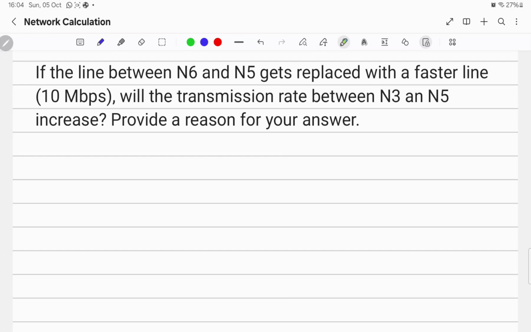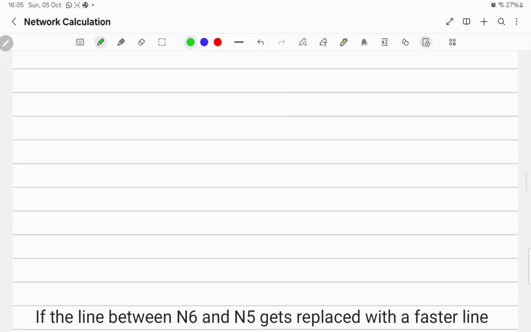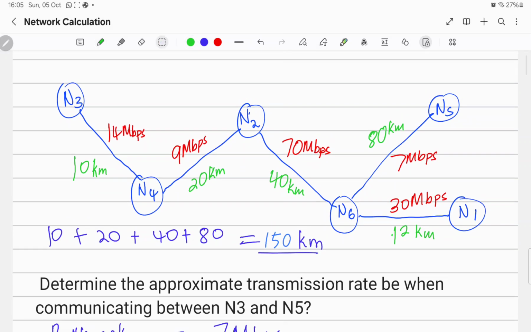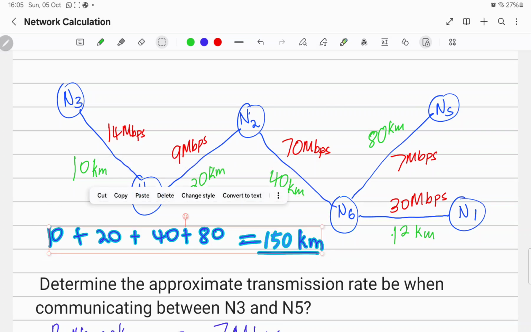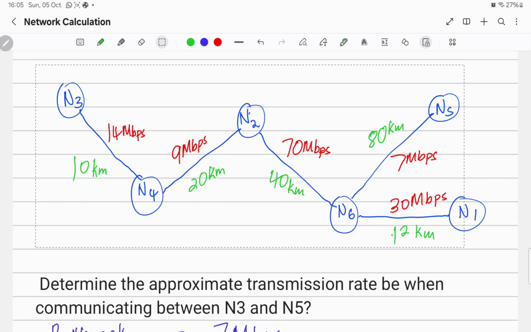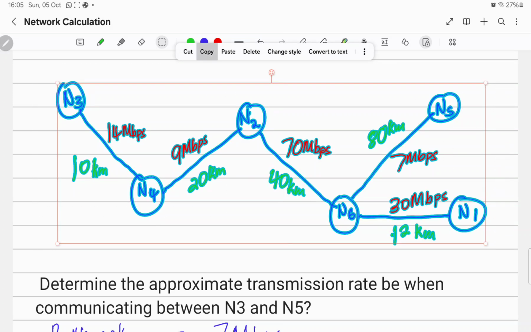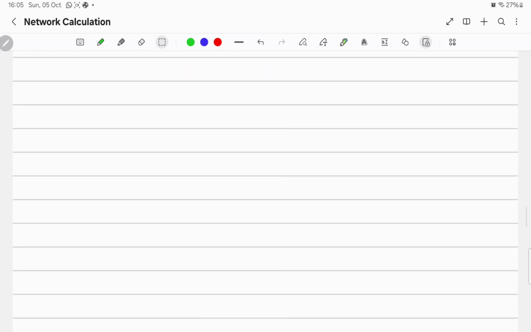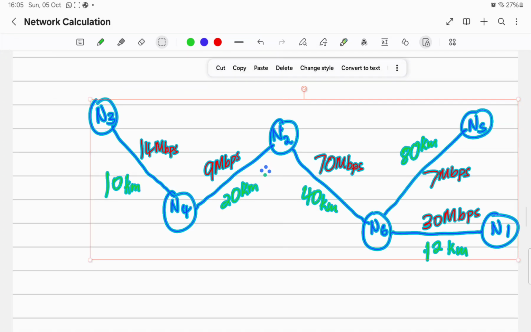Now let me try to redraw that. Let me copy this, bring it here and paste.